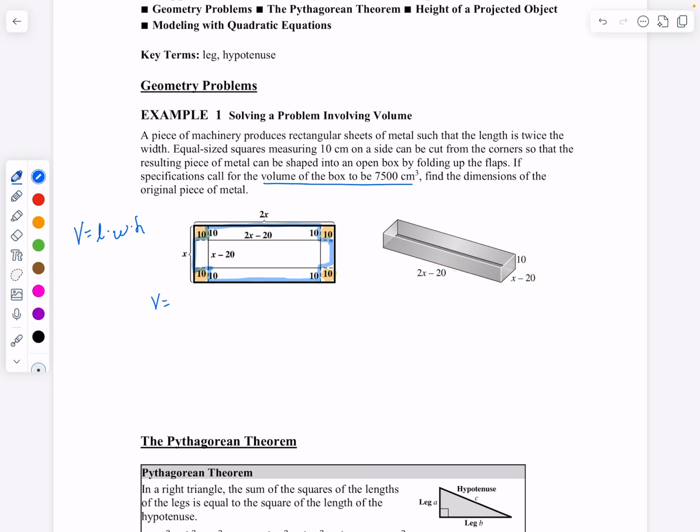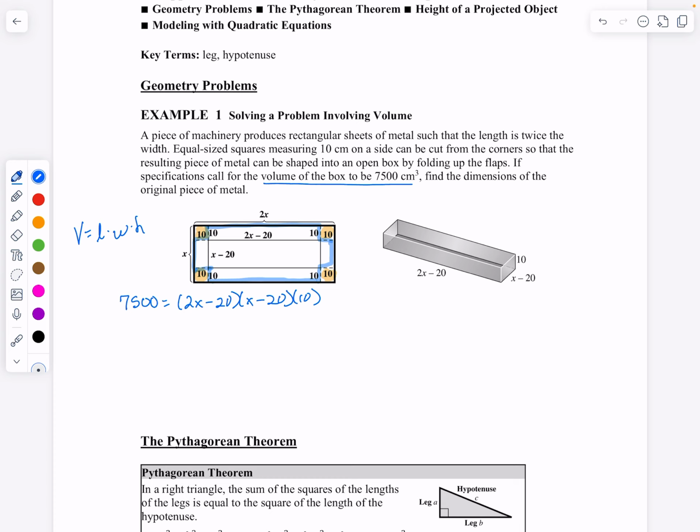Notice that they gave us the volume, so I'm going to go ahead and write that in, 7,500. To solve this for x, remember what we need is x equals a number. That's what we're going for.